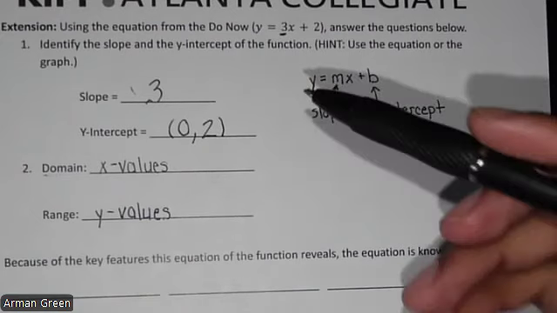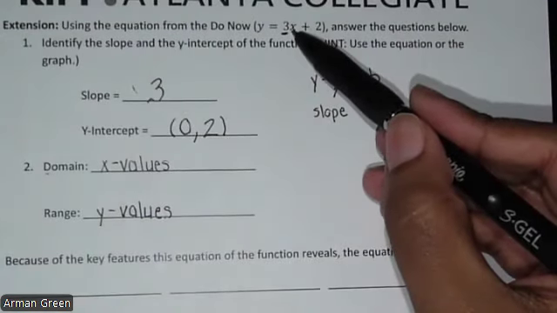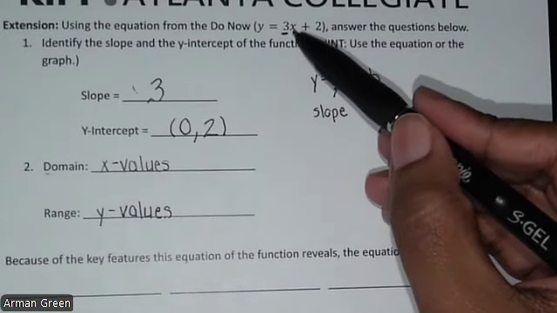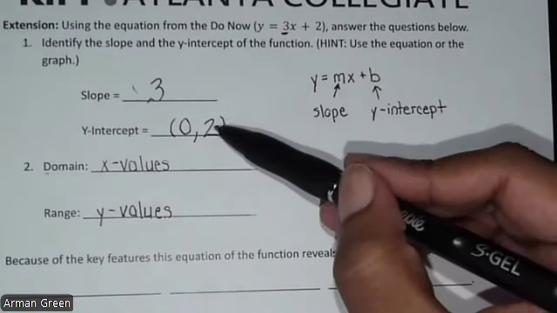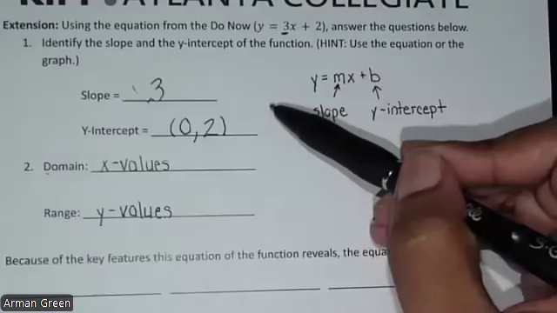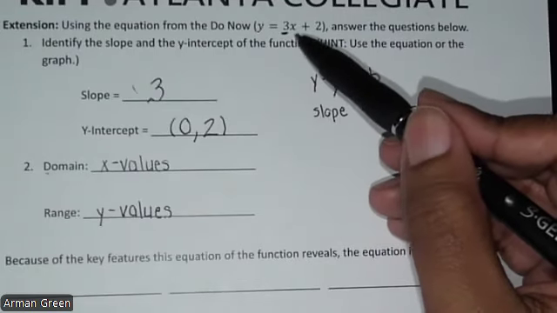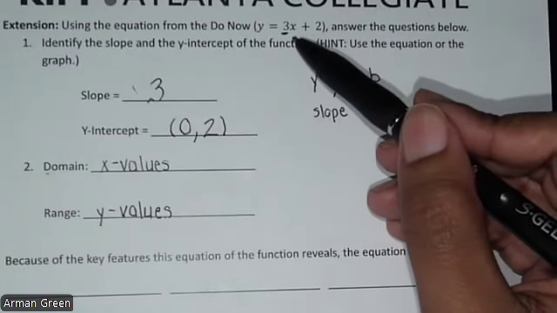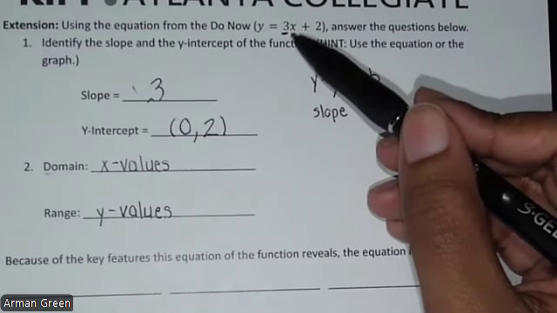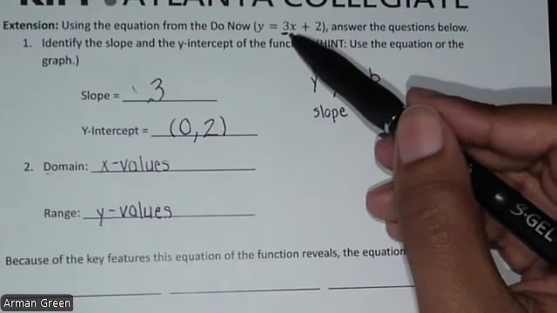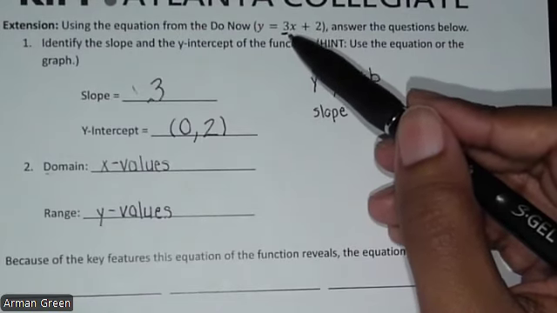Think to yourselves, can I plug in 0 here? Yeah, you should be able to plug in 0. We actually did that in order to find the y-intercept. Can you plug in a positive number for x? Yeah, I can plug in 1, I can plug in 5, I can plug in 20, a million, whatever. And I can plug in any negative number I want for x as well.